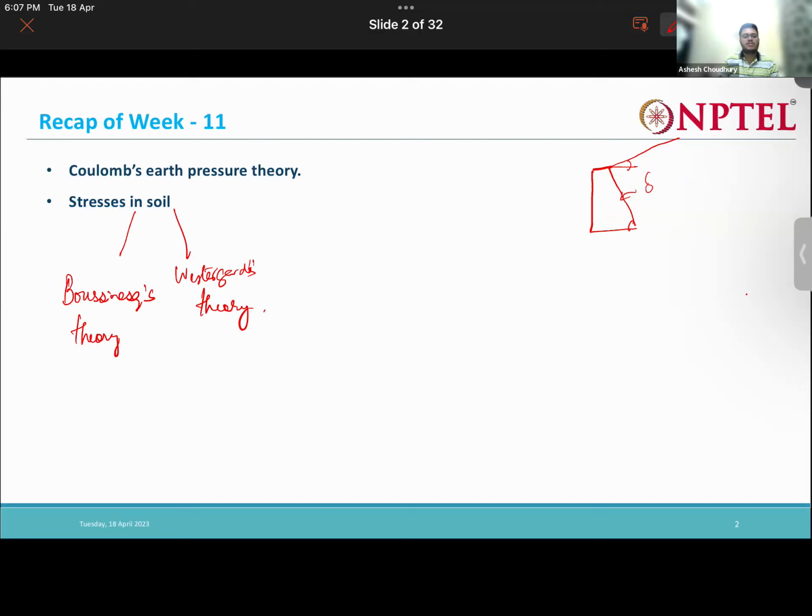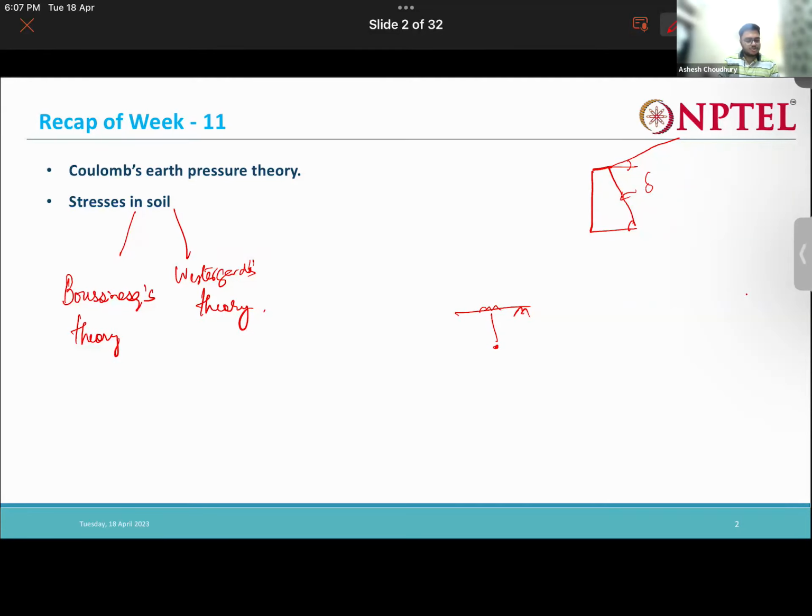These two theories were given by two researchers, Boussinesq and Westergaard, who gave formulas using which we can determine the stress at a point in the soil due to a point load, a line load, or a strip load. So, due to various loads coming on the soil layer, what will be the increase in stress at a point beneath the ground level in the soil mass? Those things we can try.